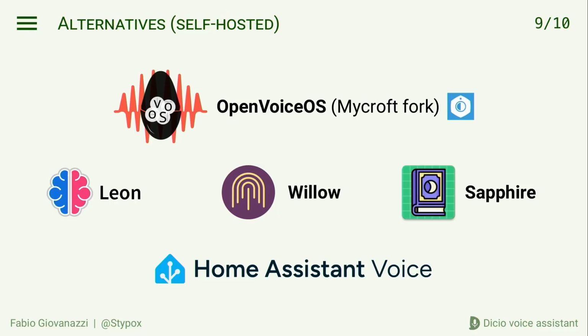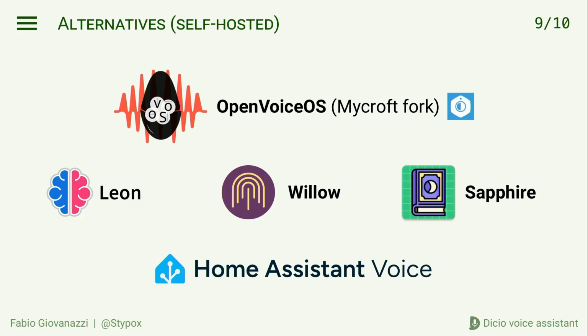Finally, let me give you a 30 seconds overview of the alternatives that are available, just for comparison. So we have Sapphire, which you can see on the right. It's basically another application very similar to Dicio, but which has not been maintained for the last 2 years.